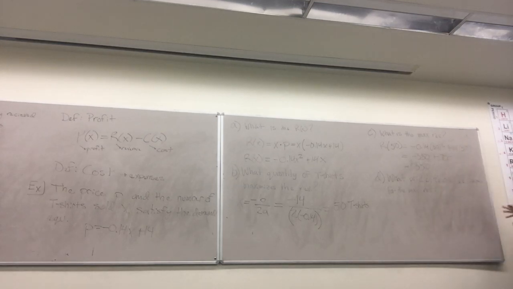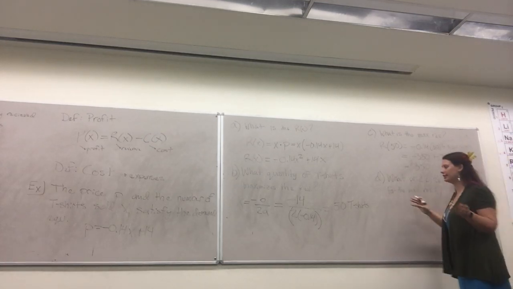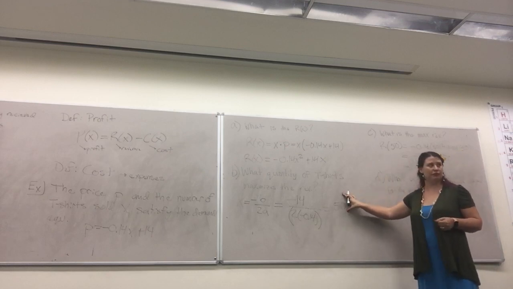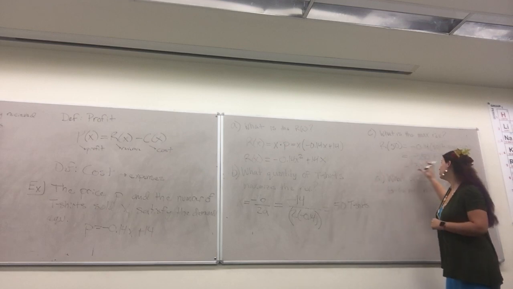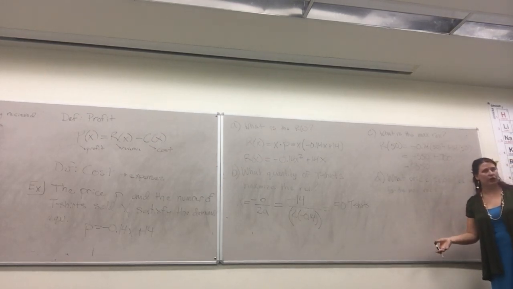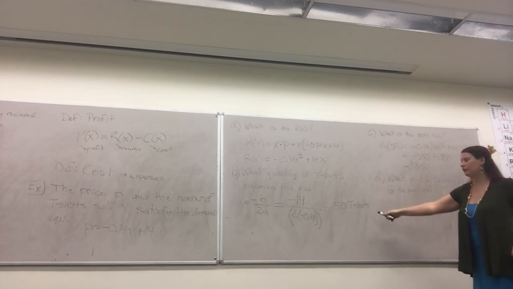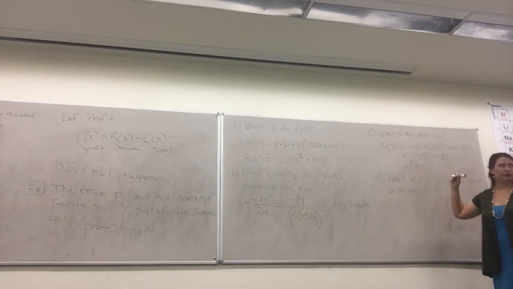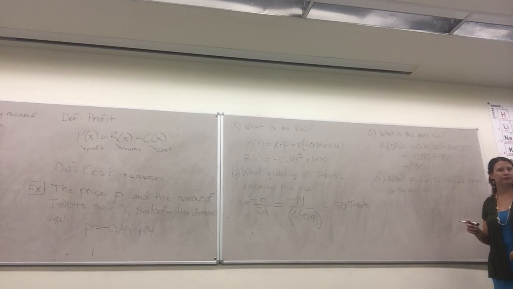So, basically, what we've figured out so far is we have to sell 50 of them to maximize the revenue. $350 is the maximum revenue, but now we want to know how much we have to sell the t-shirts for to sell 50 and get $350 out of it. So how do we do that?